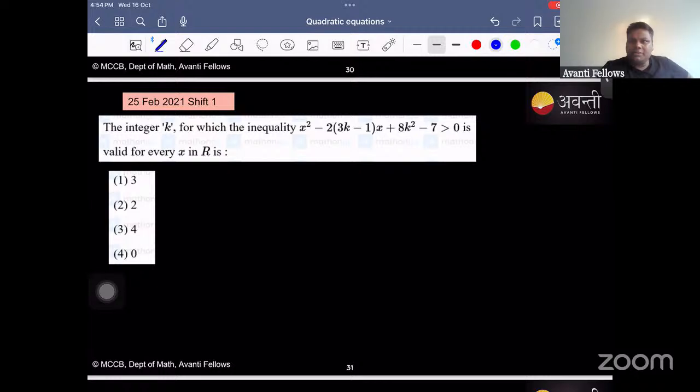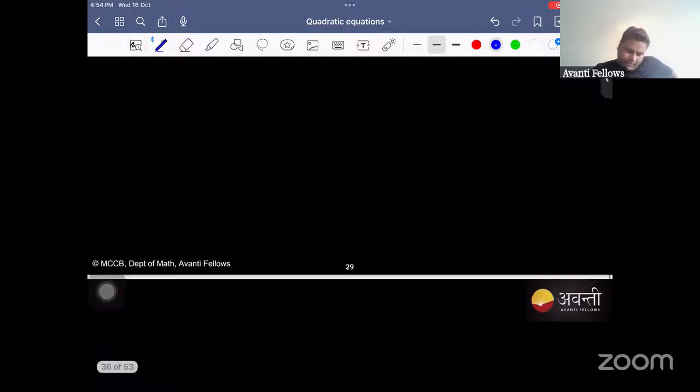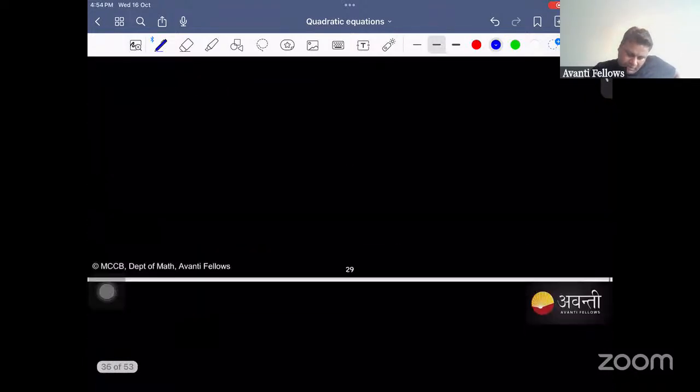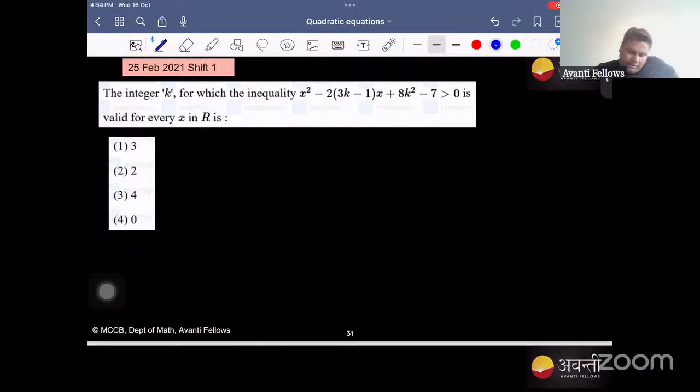Well, let me do it. The question is the integer k for which this inequality is valid for every x. So if it is valid for every x, that means the graph of this is like this. Got it?